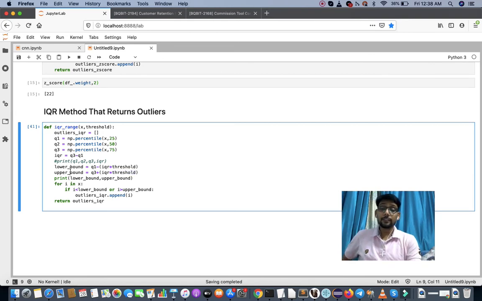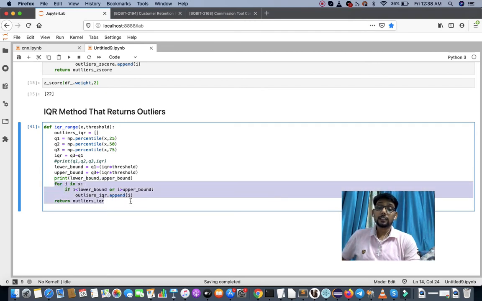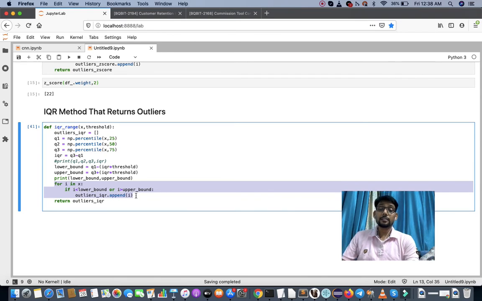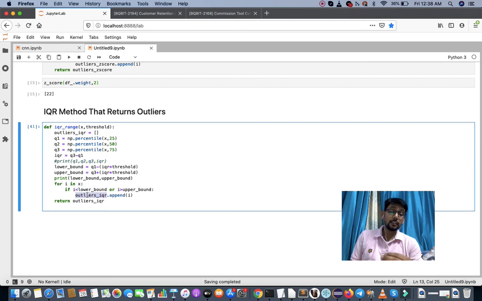So now we have calculated the lower bound and the upper bound, and here we can print them to see their actual values. I am again iterating over the elements using a for loop, because I have to compare every element from the feature to see whether it's an outlier or not.